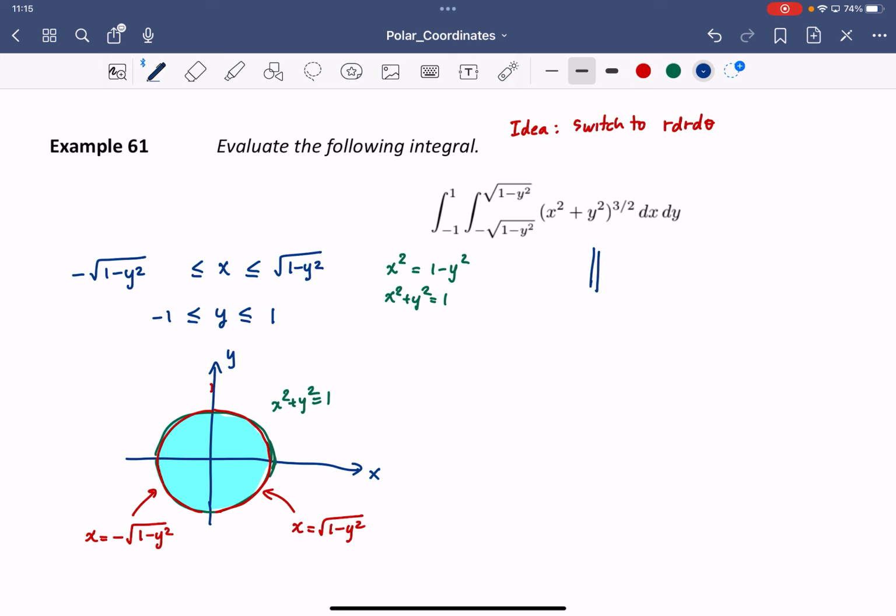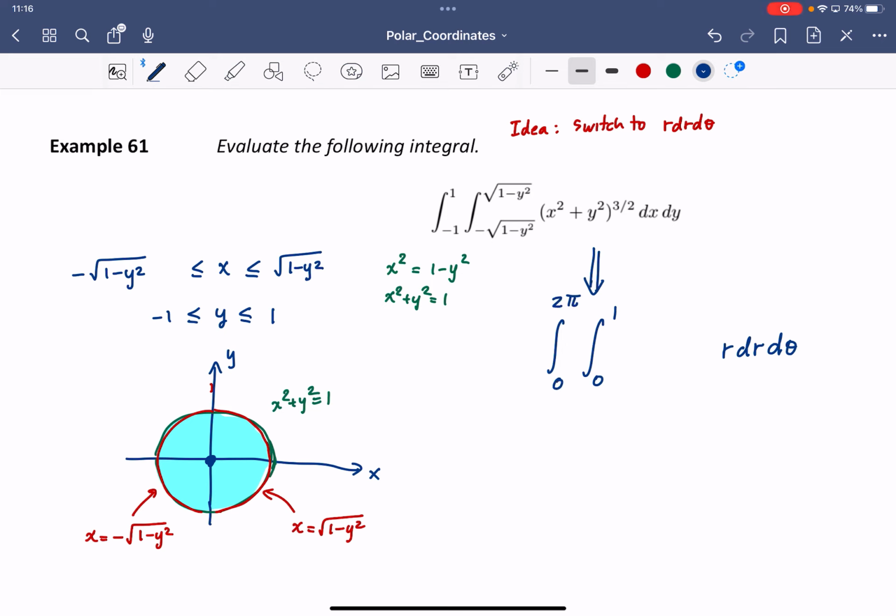Now you switch the order of integration to polar coordinates, so it's r d theta. r is going to start from where to where now? r starts from the pole here, and every time you do the cut, r goes from 0 to 1, and then theta goes from 0 to 2 pi.